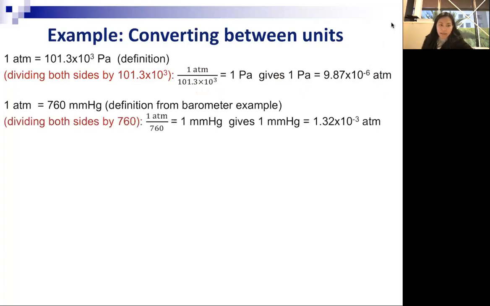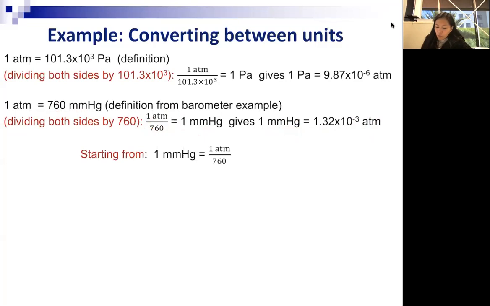If we again divide both sides by 760, then the right hand side will be equal to just 1 millimeter of mercury, and the left hand side will be 1 divided by 760, and we get the conversion factor between 1 millimeter of mercury and the corresponding atmosphere unit. But we want to find 1 millimeter of mercury, how much is that in the SI unit pascals?